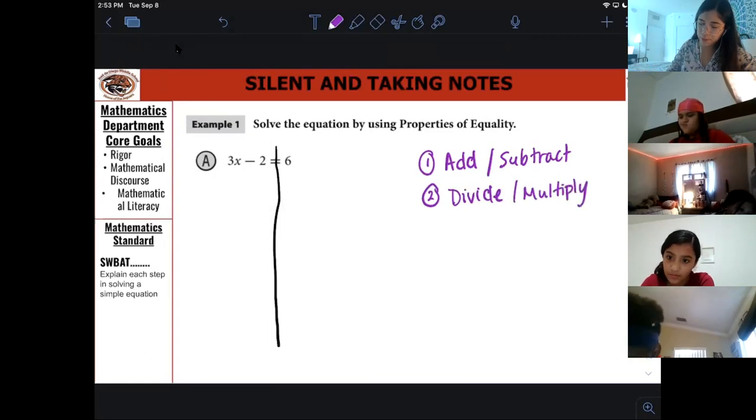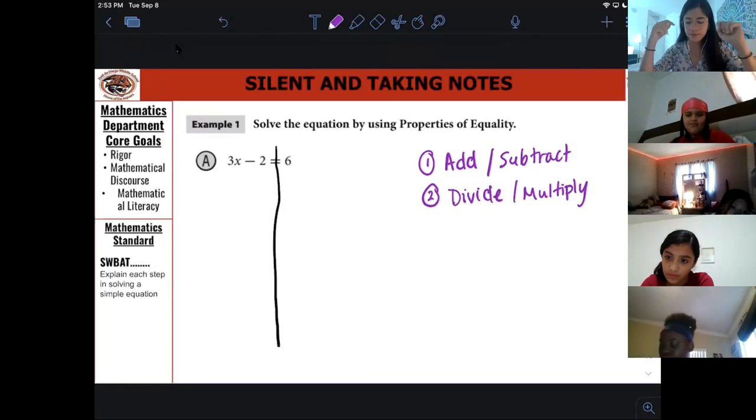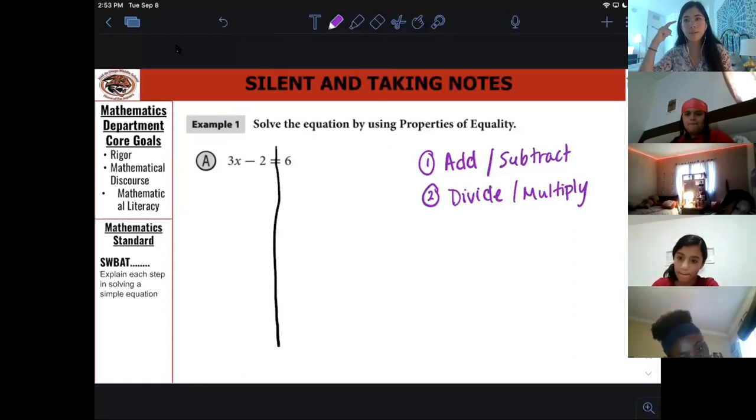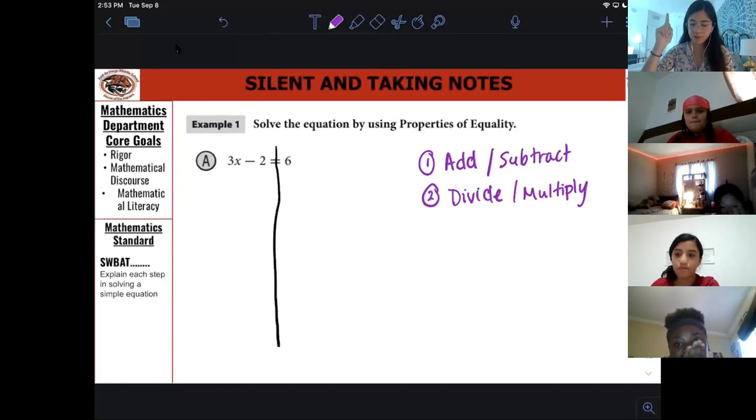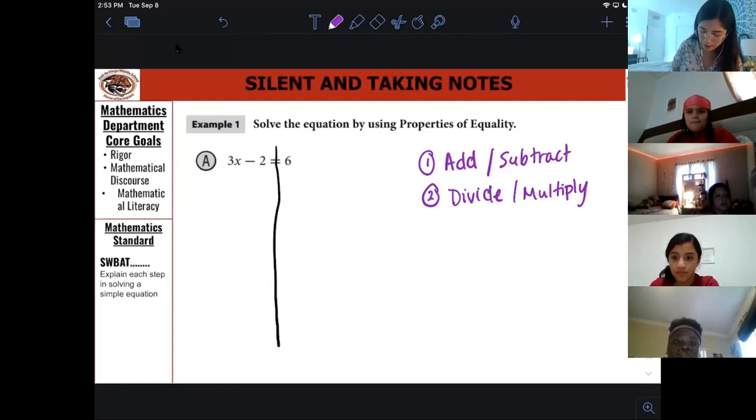So when you see a problem like this one, in your head you should always think, okay, what can I add? What can I subtract first? And then after that, you can do your division and your multiplication. So since in this case I have 3x minus 2, I know that I'm going to have to add 2, just like we said. So that's going to be my first step. I'm going to add 2.